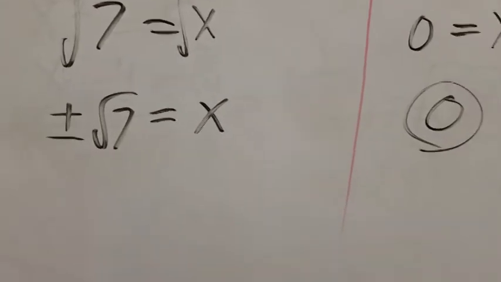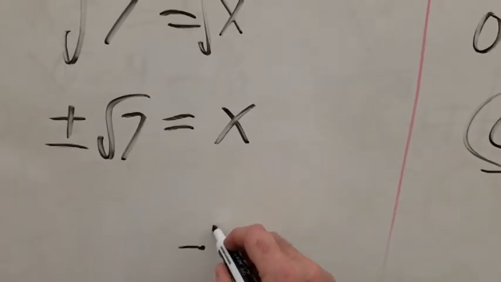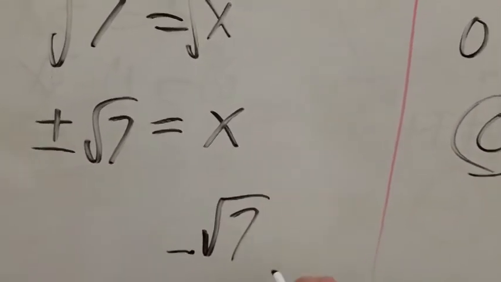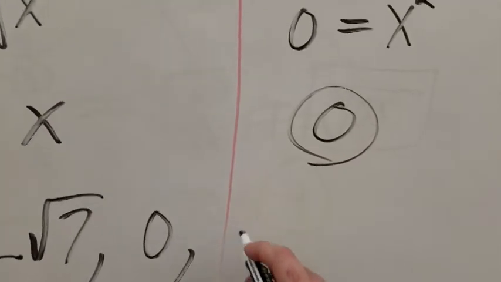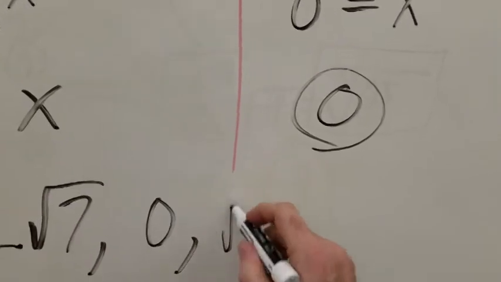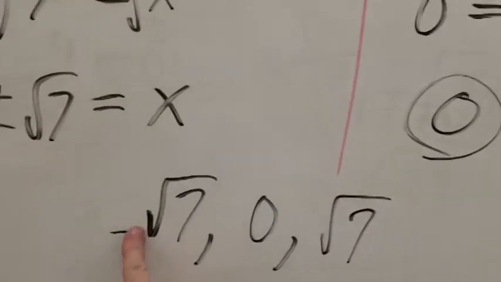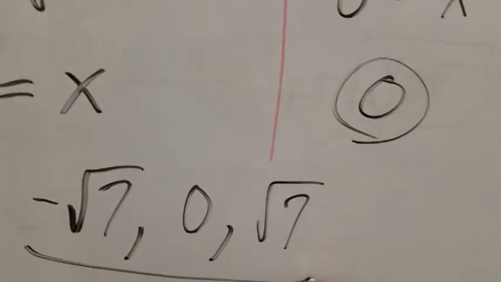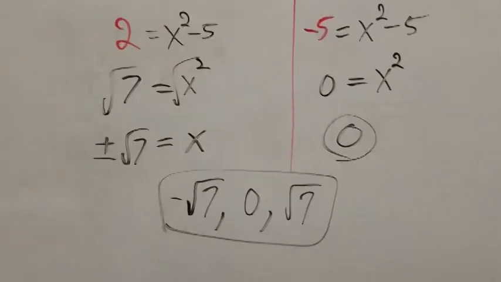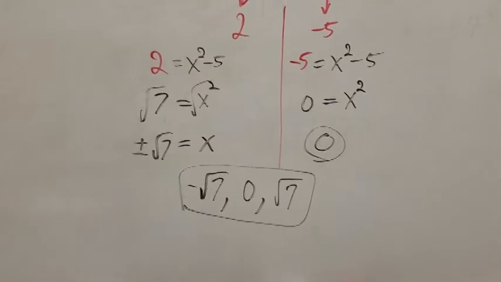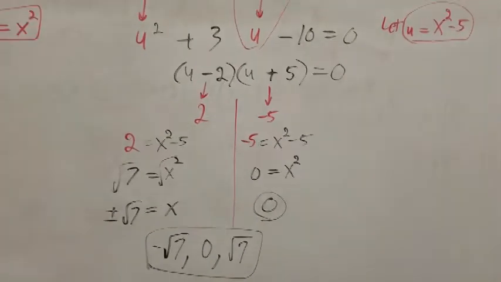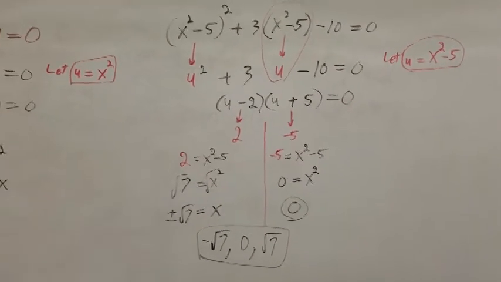So my answers are negative square root 7, comma, 0, comma, and then positive square root 7. And this is what I would key in the Pearson product for my answers. Negative square root 7, 0, positive square root 7. To solve that problem there that's a little bit more complicated.